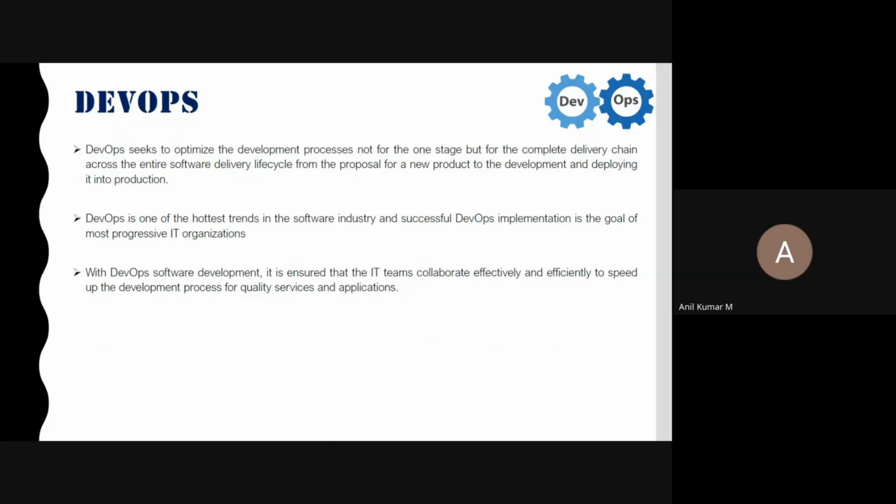Because with the implementation of DevOps, we are getting more productivity in organizations. In any company, any project they are developing, they have implemented DevOps. That is the main success factor for progressive IT organizations.